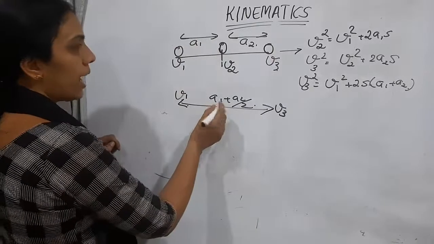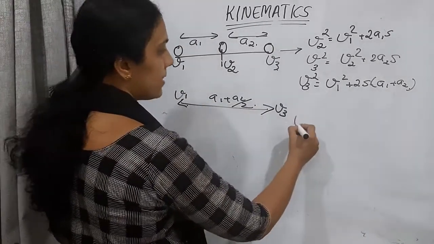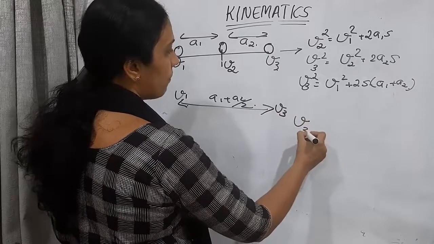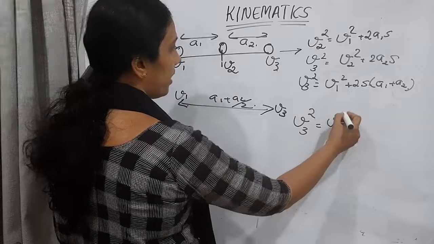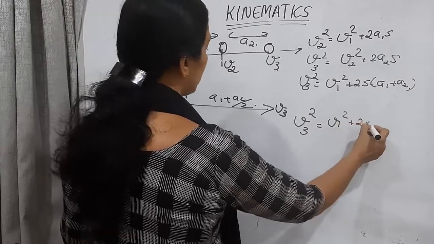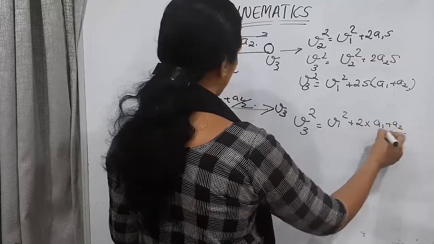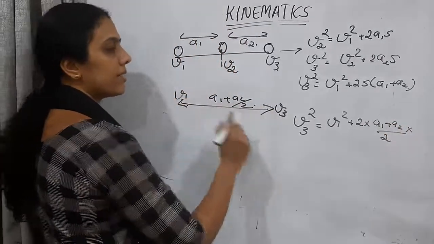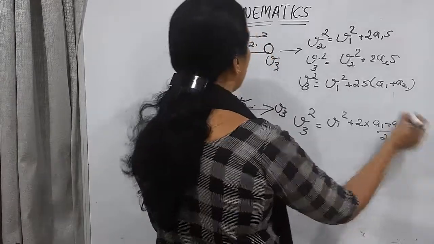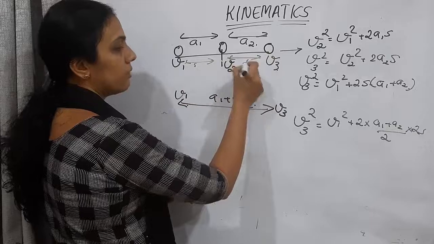Okay, now I am considering the second case. Here, v squared equals u squared plus 2as, with acceleration (a1 plus a2) divided by 2. What is the total distance over here? That is 2s. This much is s and this is s. Therefore 2s.